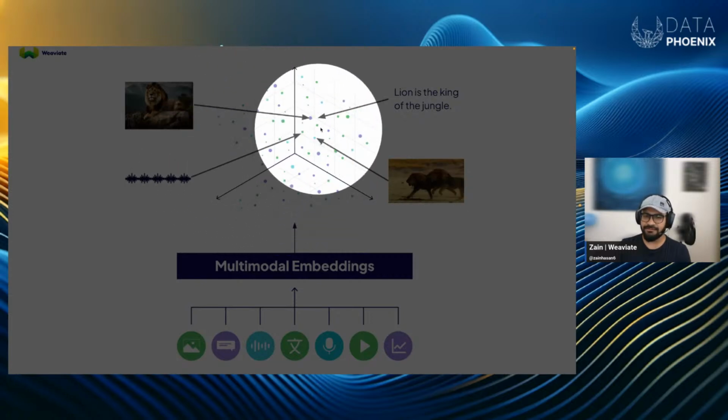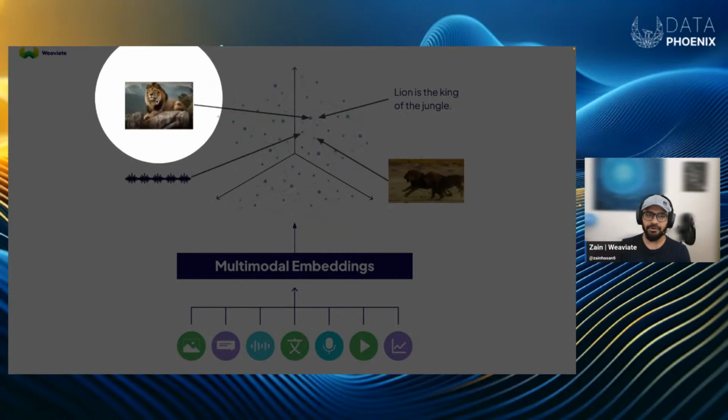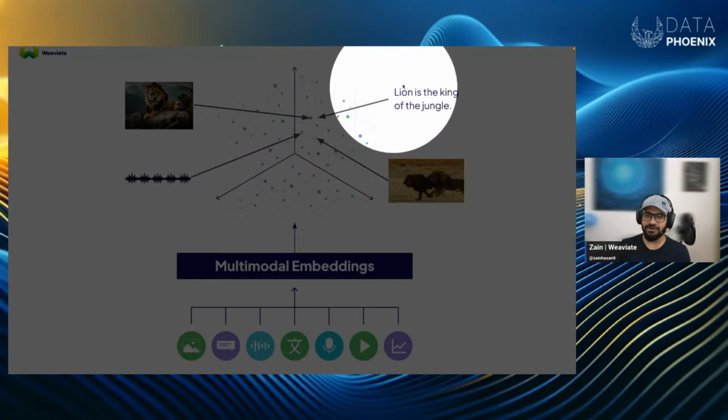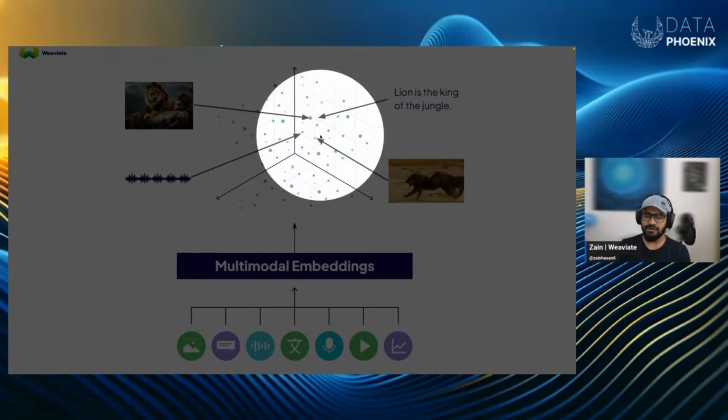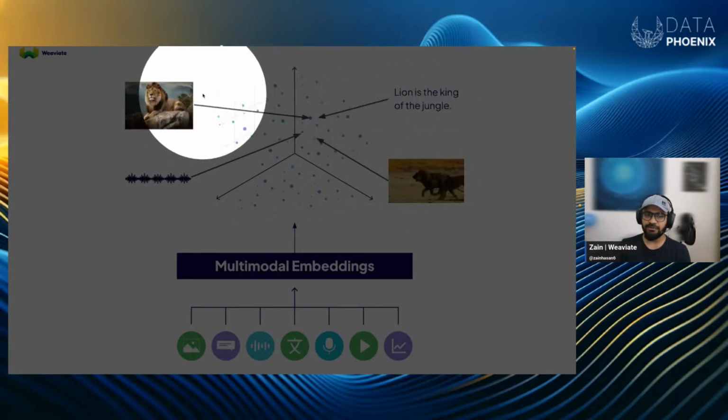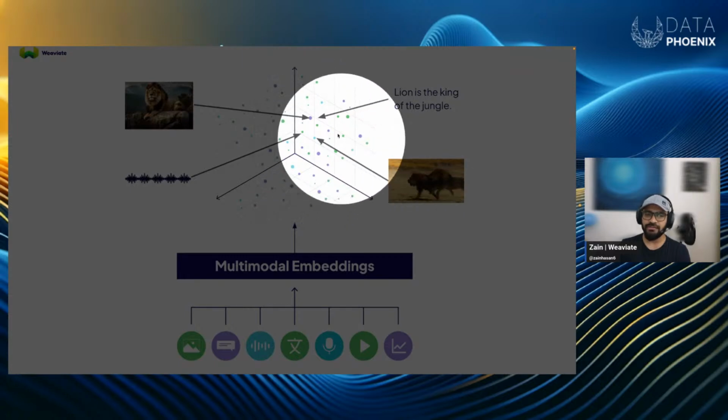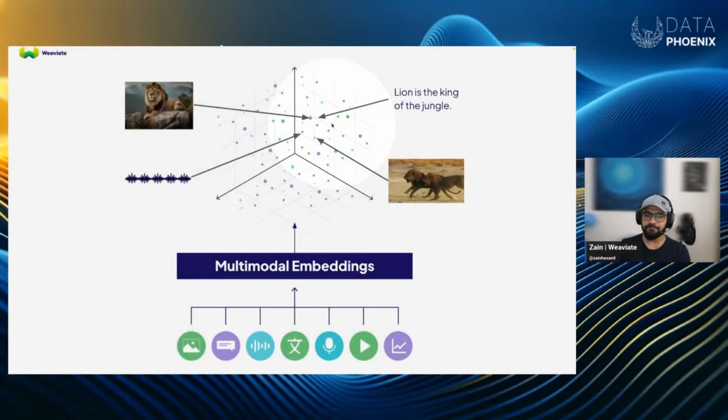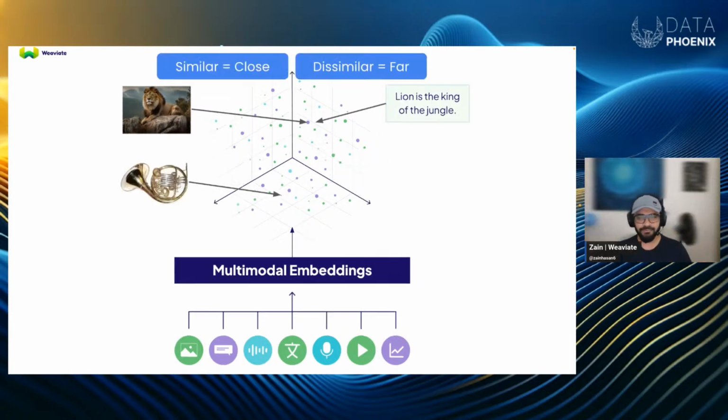And the thing that's important about the vector space is that similar concepts, so the image here, the description here, the video here, if these objects are similar in meaning, they should be closer together in the vector space, right? And so when we have a multimodal embedding vector space, we want similar things to cluster together and dissimilar things to be farther apart, right?